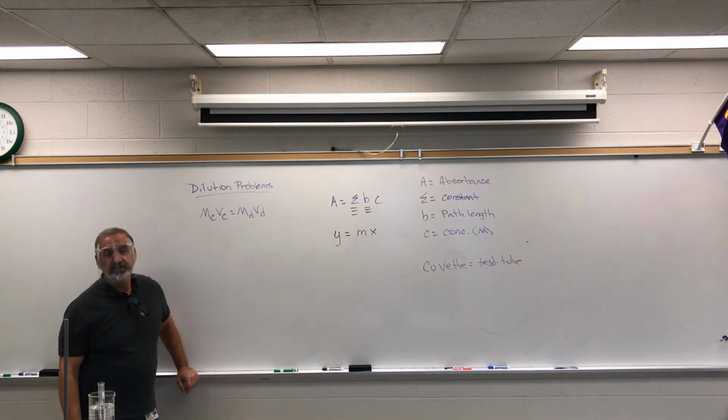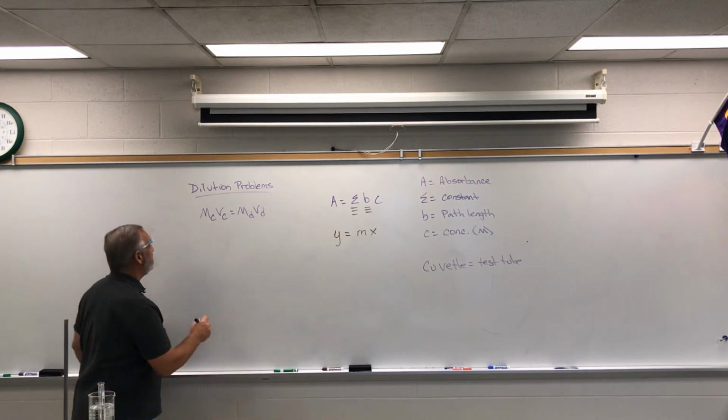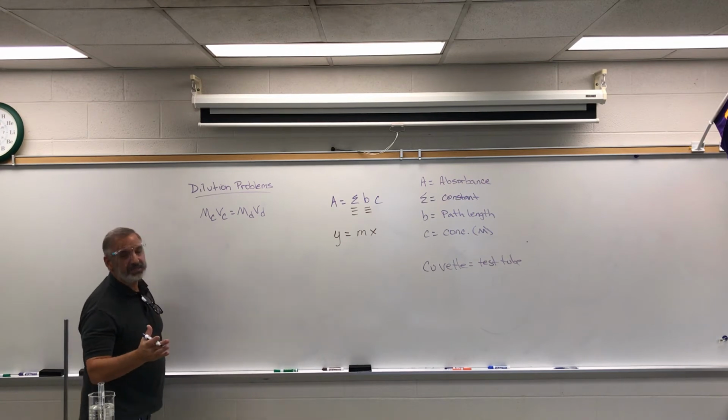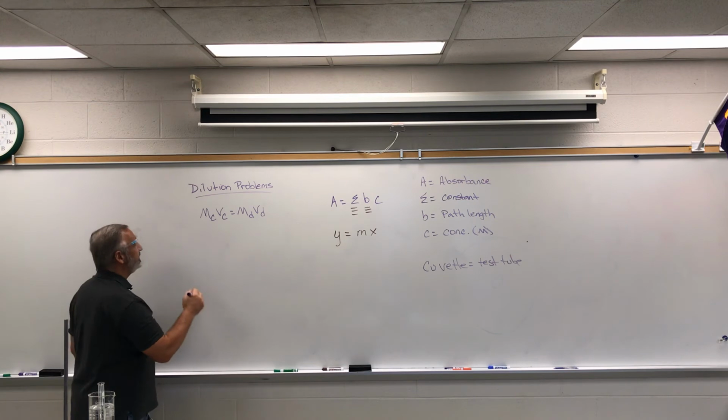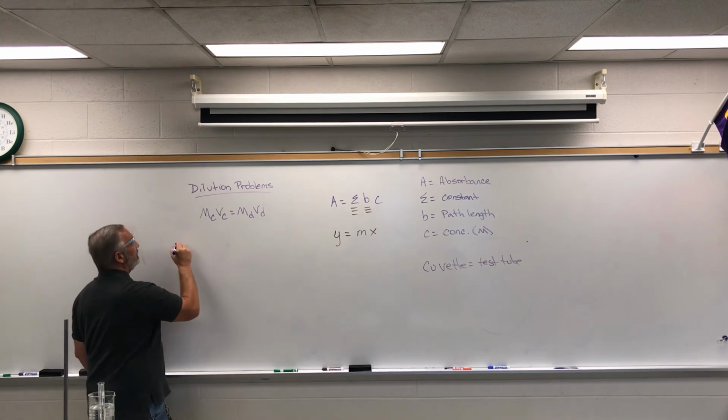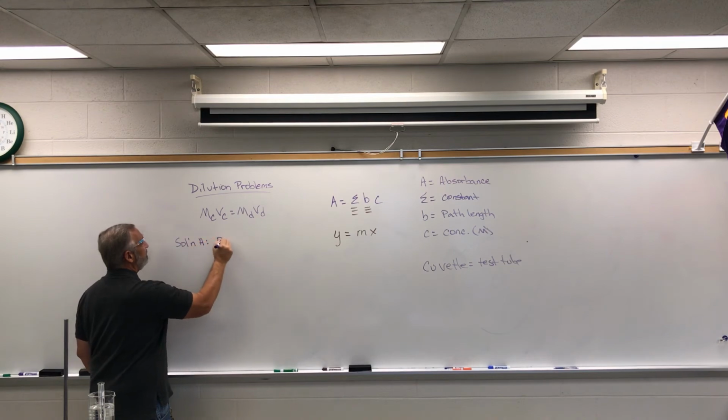Okay? I touched on that and did one practice problem, but this is where it's going to come into play. Because this is going to be a second change to the directions, is that our solution A is now going to be 0.1 molar.